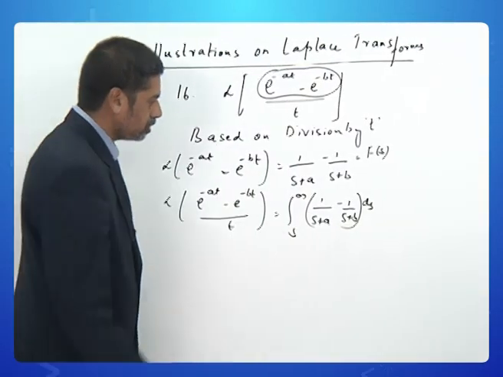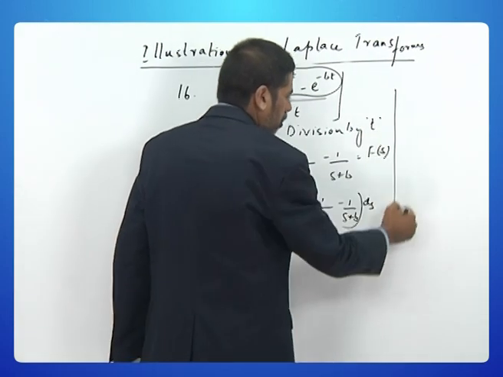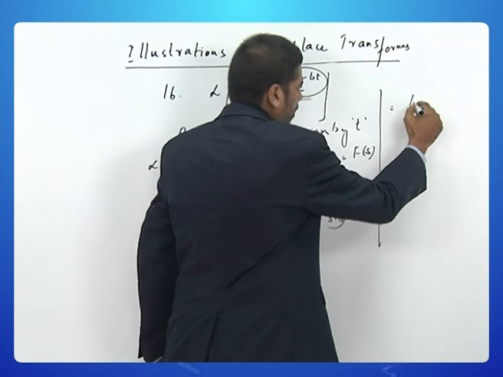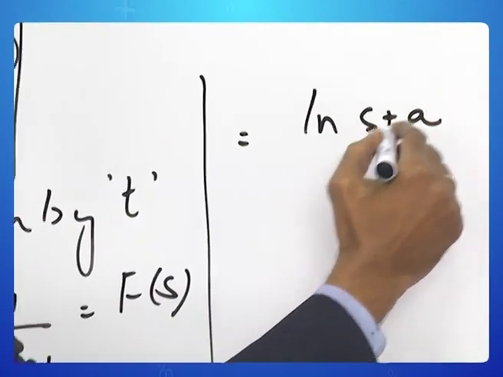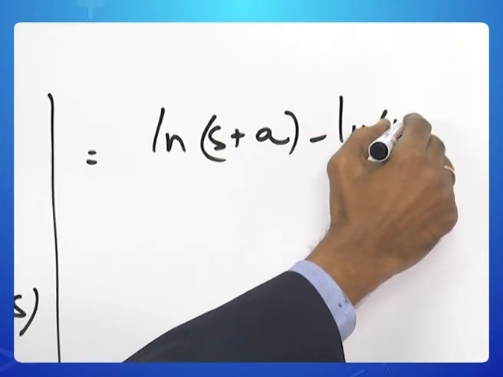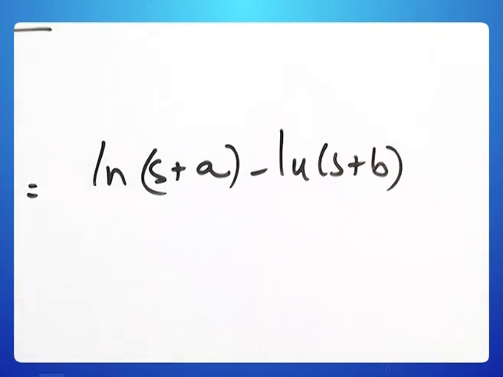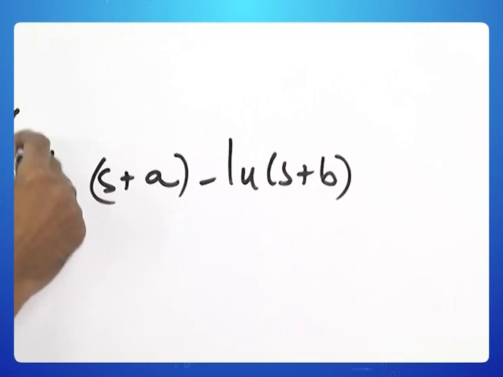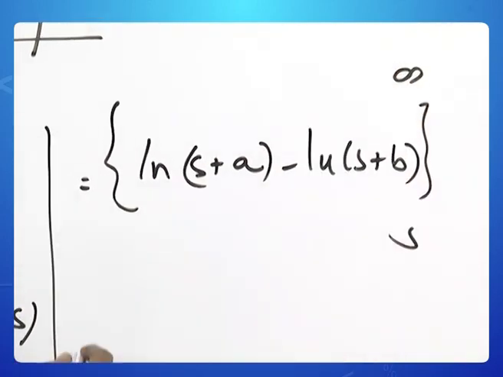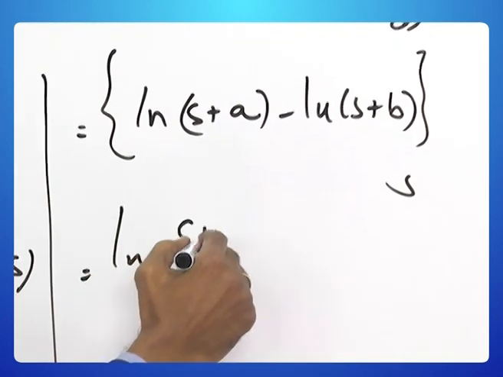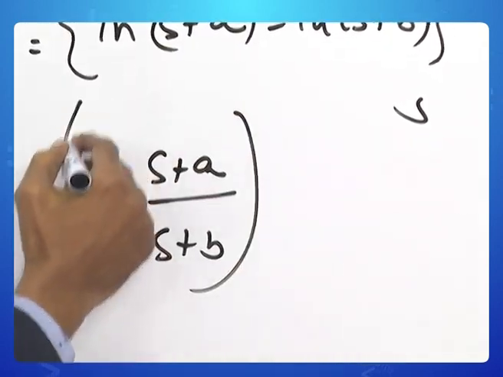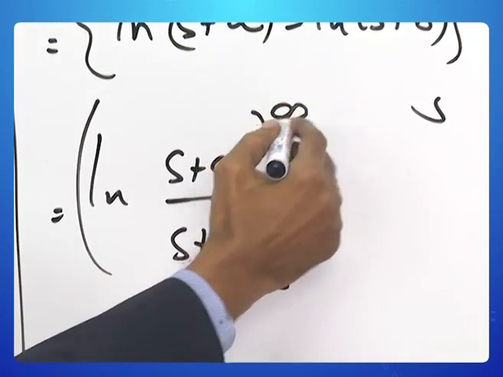Integration is straightforward. What will you get? Log of s plus a minus log of s plus b, with limits s to infinity, log of s plus a by s plus b, s to infinity.